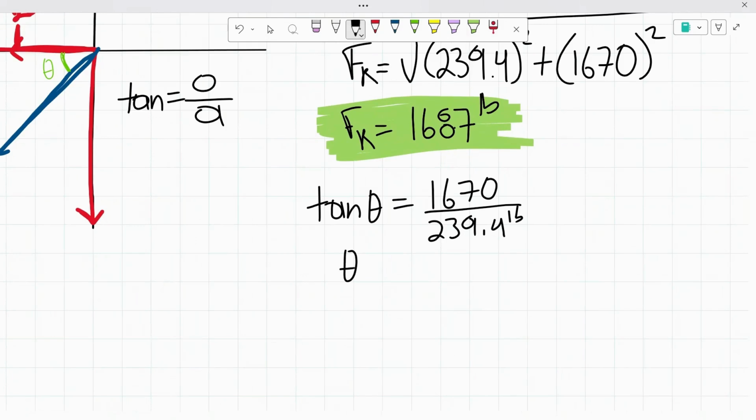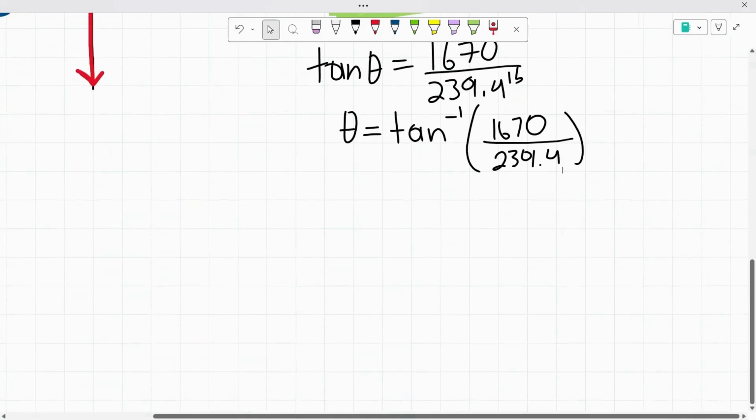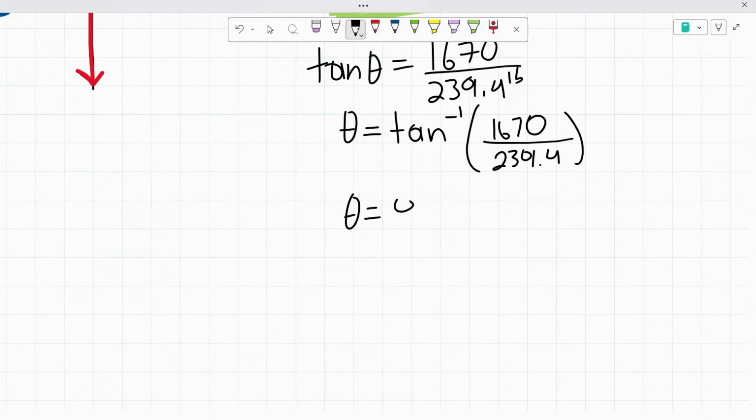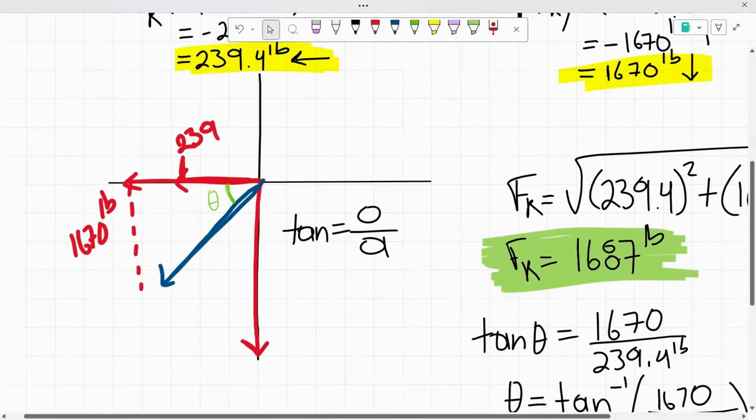Then we're going to get theta by itself, giving us theta is equal to the tangent inverse of 1,670 all over 239.4. We're going to plug that into our calculators. That should already be in degrees, and that should give us 81.9 degrees. So this angle right here is 81.9.